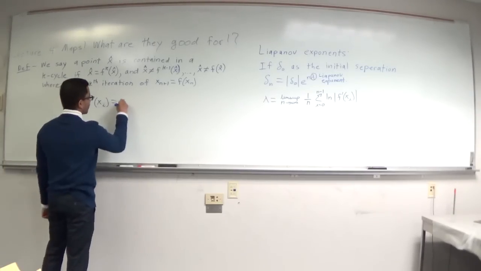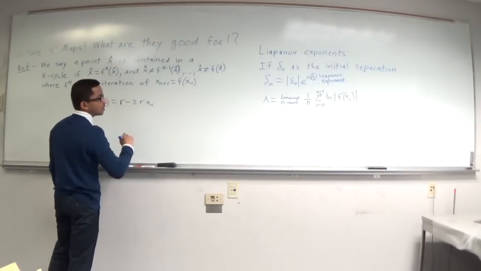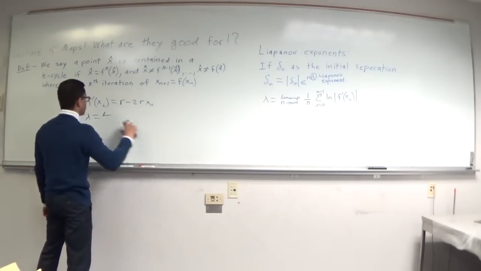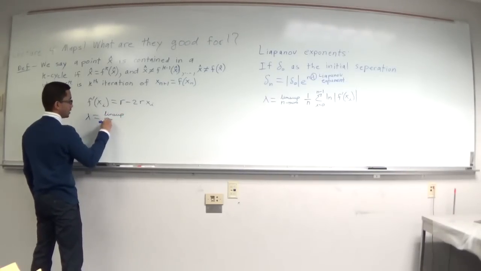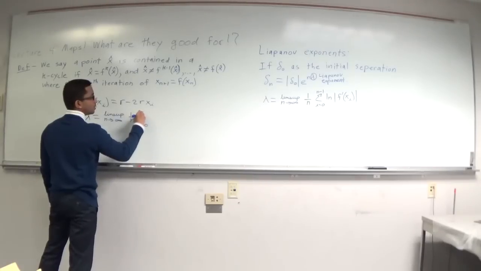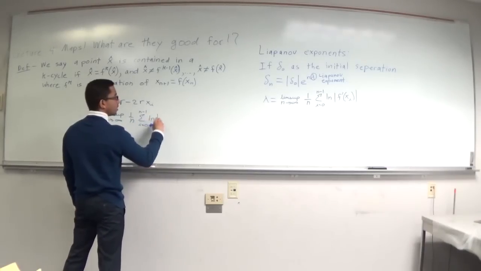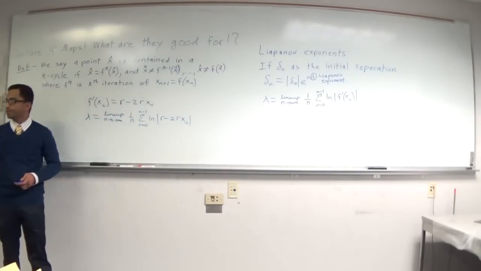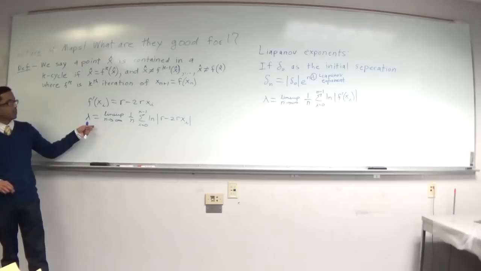Yeah, okay. r minus 2r x_i. So our lambda for that case is going to be the lim sup as n goes to infinity of 1 over n, the sum from i equals 0 to n minus 1 of ln of r minus 2r x_i. So that's basically what the Lyapunov exponent is going to be.